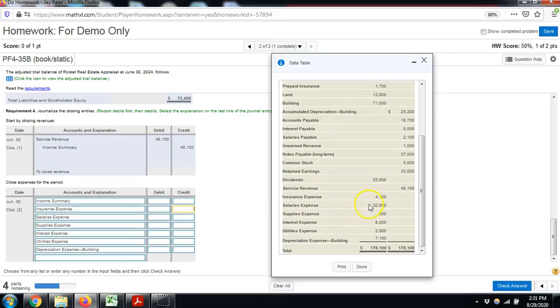And so let's put in these individual amounts.